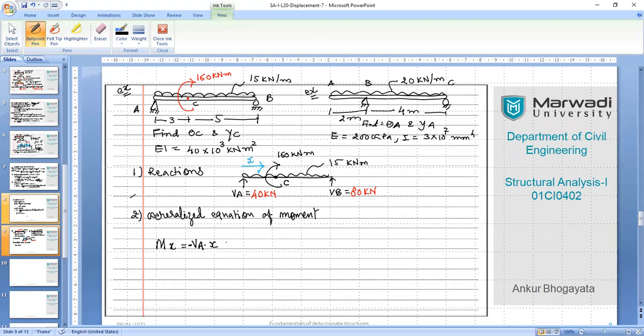So I will write down here with positive sign 15 into x square divided by 2. Is it fine? Yes. So that is still within the same segment, general for the entire segment, and we are now about to write the next segment, right?